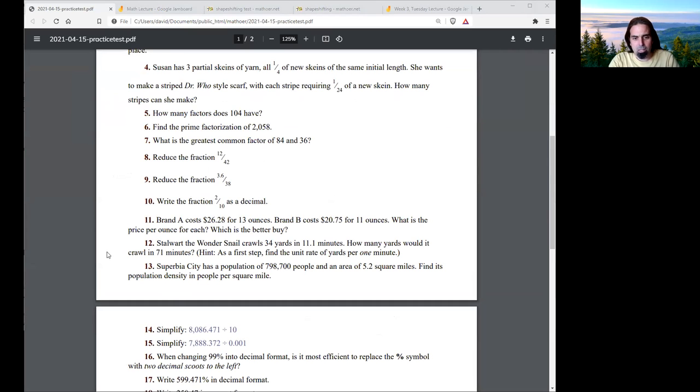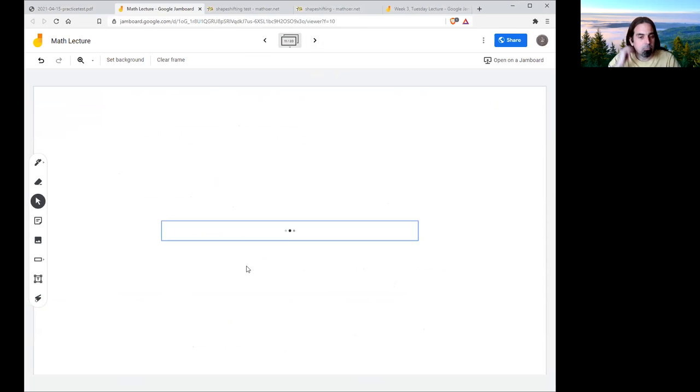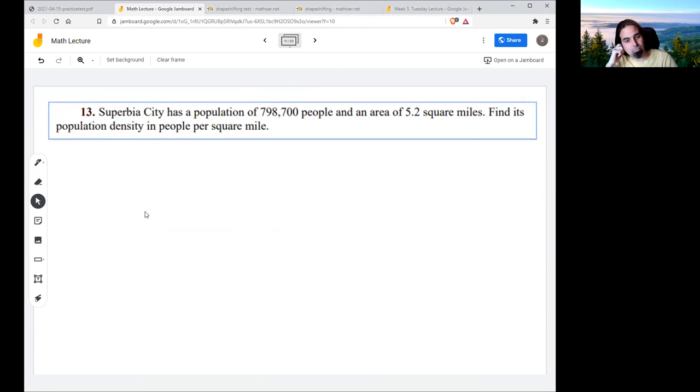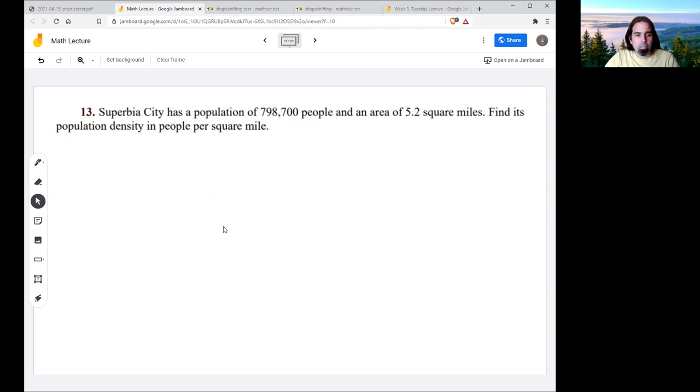Okay, 13. I'm finding a population density, a unit rate. I have to know which order to do these things. Do I use this number first or that number first? Pause it if you're working at home and think about it.